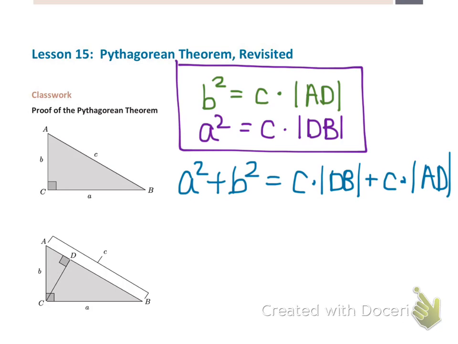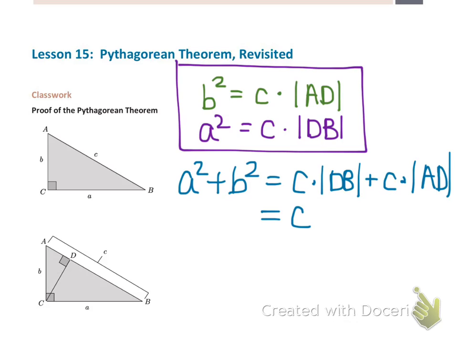I'm determined to get that wrong. Okay, so this equality is true, right? Because all I did was substitute C times DB for A squared and C times length AD for B squared. So A squared plus B squared should equal that. So now I'm going to simplify. I've kind of got the left-hand side of my Pythagorean theorem. Now I want to work on this.